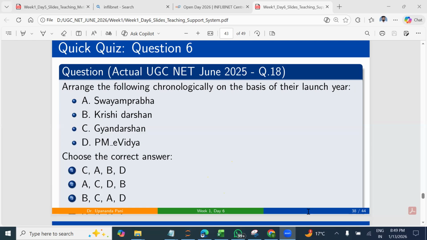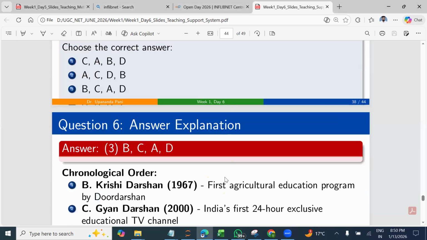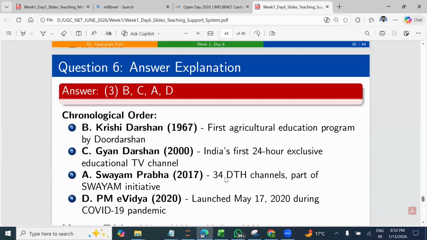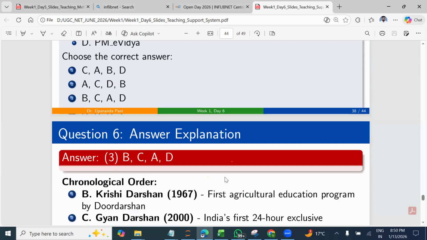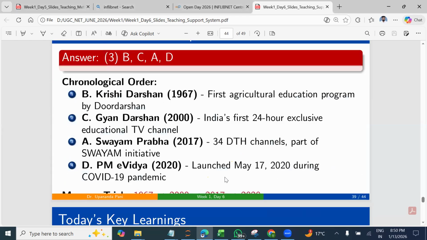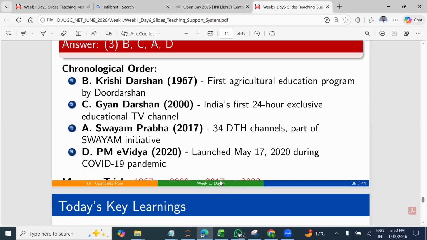Everyone I think has correctly answered. That's excellent. I'm getting motivated. Okay. So answer is 3. Means C. So 1967, 2000, 2017, 2020.